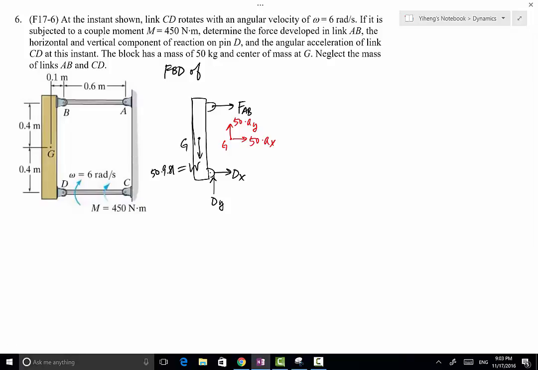One thing that might be obvious is that because this block BD is doing translation, for every point, the motion is the same.